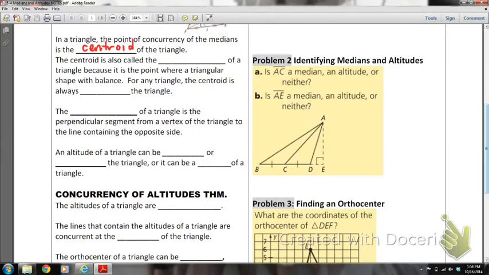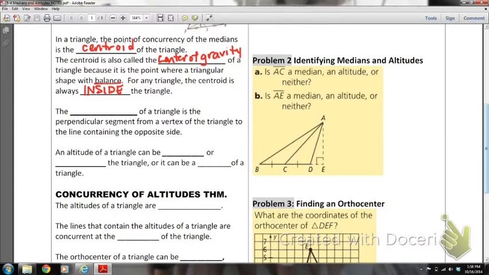And that centroid, it's also called the center of gravity of the triangle, because it's the point where the triangular shape will balance. So for any triangle, the centroid is always going to be inside the triangle, whether it's an acute triangle, a right triangle, or an obtuse triangle. The centroid where the medians meet is always going to be inside the triangle.